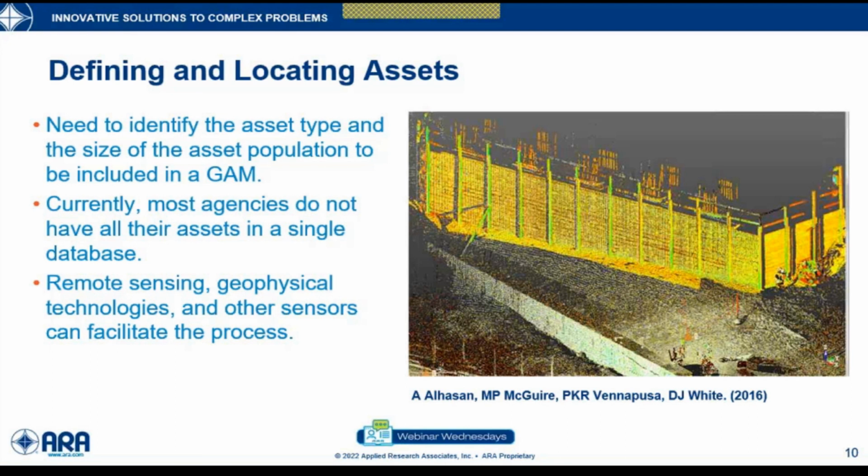One other aspect would be defining the assets to be included in the database. So for example, not only answering is it a retaining wall or a slope, but how big the retaining wall needs to be to be considered in a GAM program. Should we consider all retaining walls regardless of their size? Should we look at the size of the retaining wall? One good idea is to use the concepts of risk assessment in that process.